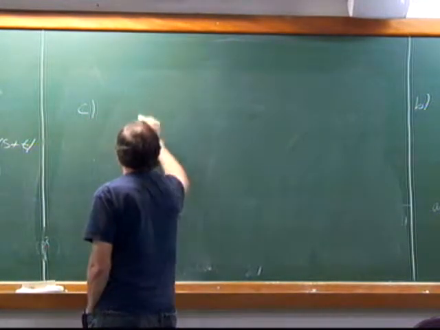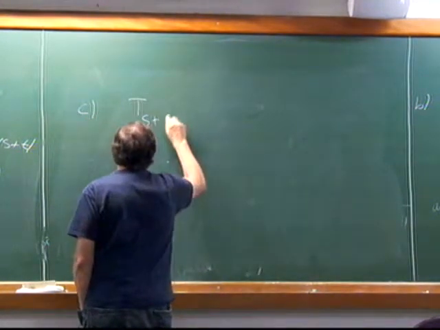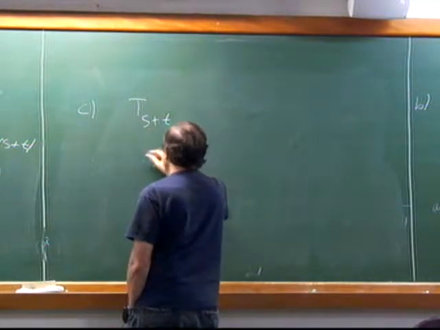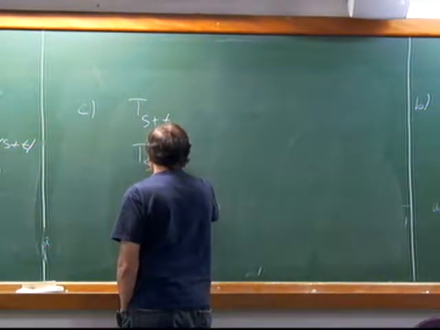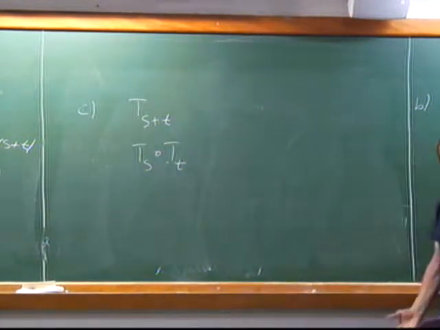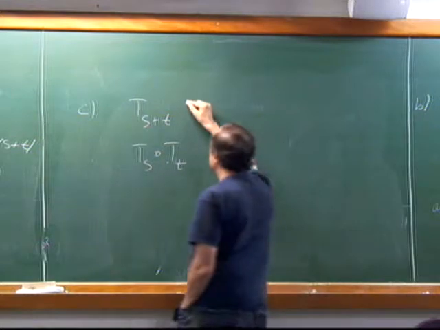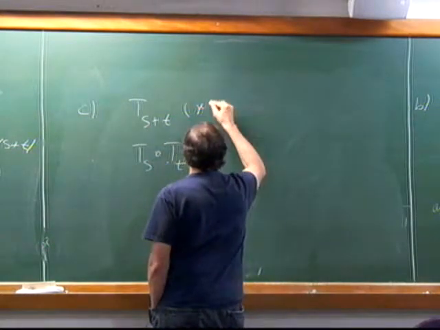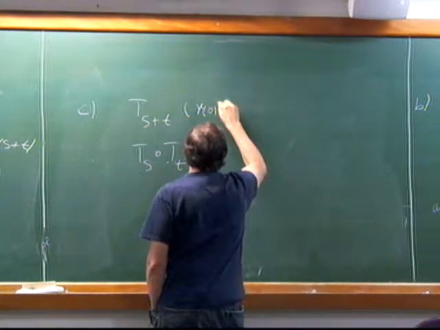So let's look at the transvection by S plus T, and the transvection by S composed with the transvection by T. These are two isometries. And we already discussed last time isometries are determined by the value at a point and by the derivative at a point. So where does it take, for example, gamma of 0?